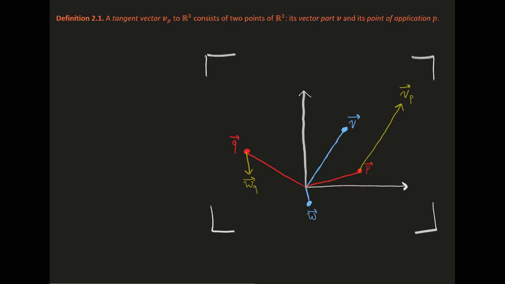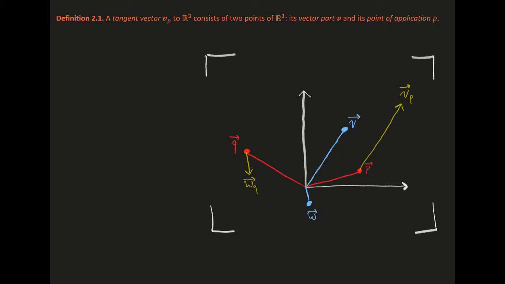In the figure below, we illustrate one way to visualize these tangent vectors. We have 2 points, P and Q, which we use as points of application, and then we have 2 other points, V and W, which we use as vector parts for 2 tangent vectors.